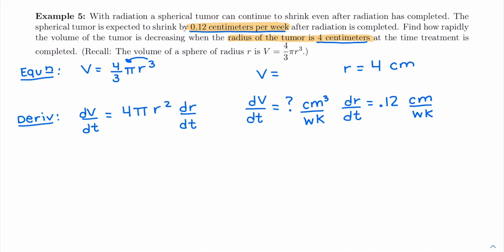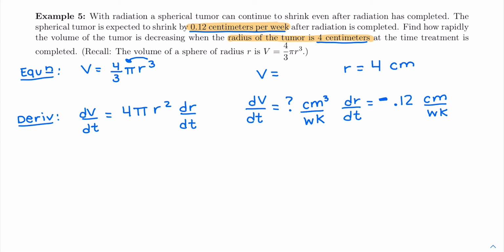So r is definitely 4. dr/dt is 0.12, but this is supposed to be decreasing. If I write it as a positive 0.12, then that means the tumor is actually increasing. So be careful on the signs here. I want to make this 0.12 a negative 0.12. We're decreasing the size of the tumor even weeks after treatment.